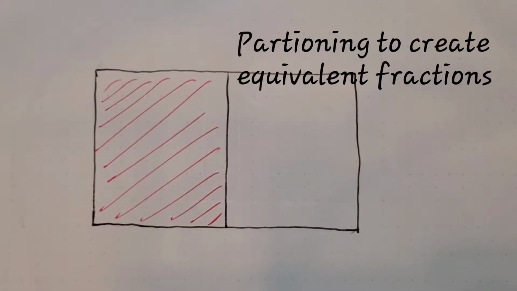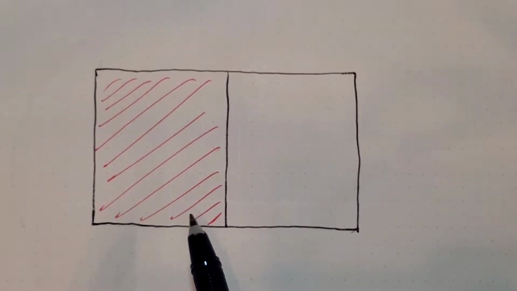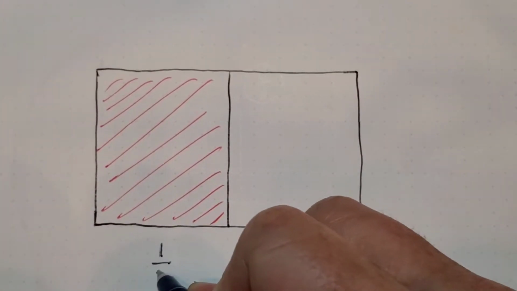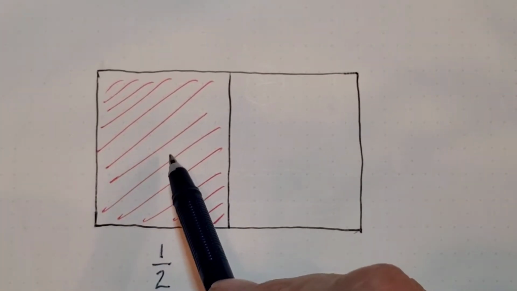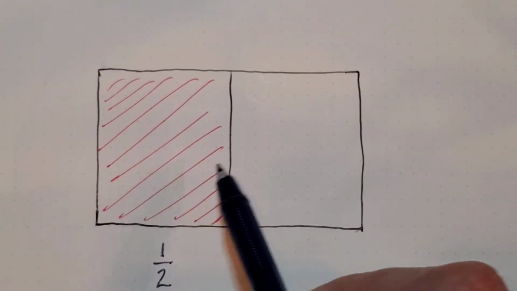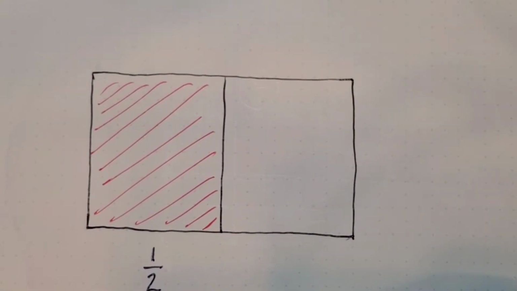Creating equivalent fractions is as simple as changing the way your shaded piece is partitioned. Currently, you can see I have 1/2 because I have one of the two equal sized pieces shaded. Each of these pieces is a size 1/2.